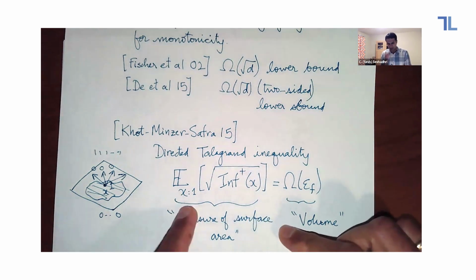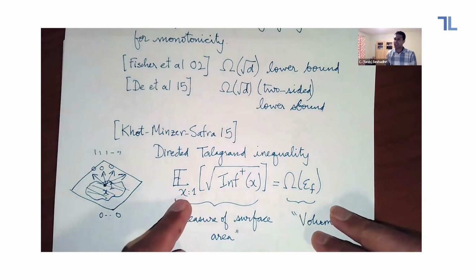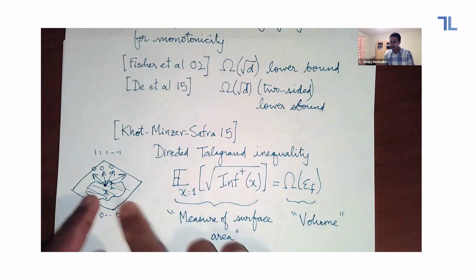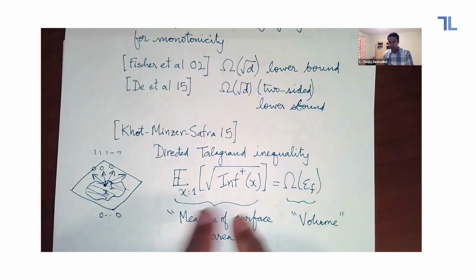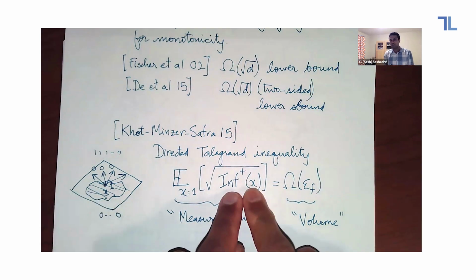I'm abusing notation here. I'm just saying take the expectation over all points, but I'm only going to count this function where the value is 1. So one way to look at it is that I'm averaging over all the points, but I'm only going to count influence over points where the value is 1. So what is inf plus of x?